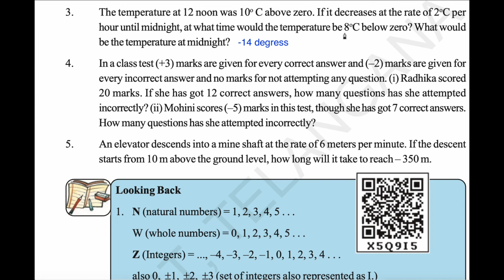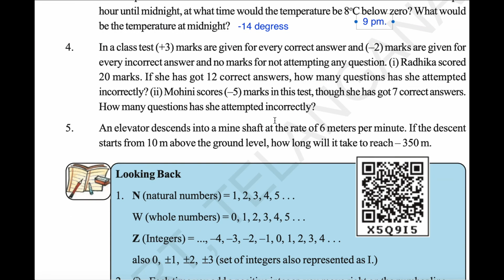For minus 8, minus 8 by 2 is 4 hours. The 10 degrees must first become 0, and for that it takes 5 hours, so 9 hours. After 9 hours, that means 9 p.m.